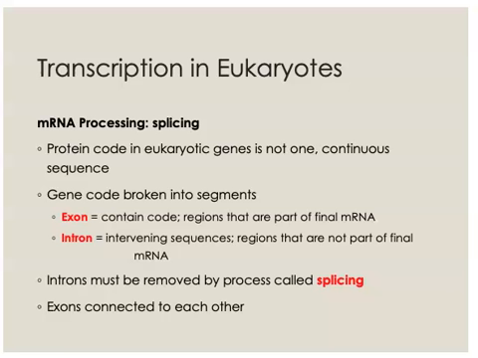What happens in a eukaryotic cell is that the protein code that comes from the gene is not one long continuous sequence. Instead, it's broken into fragments.